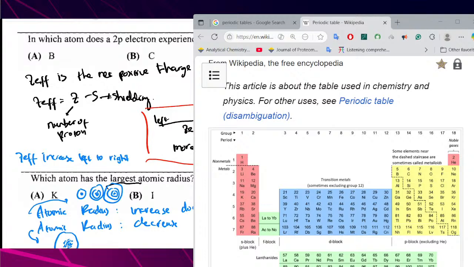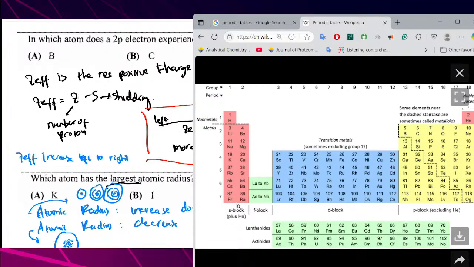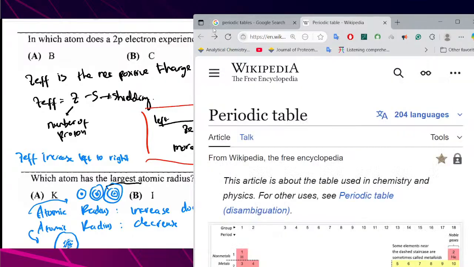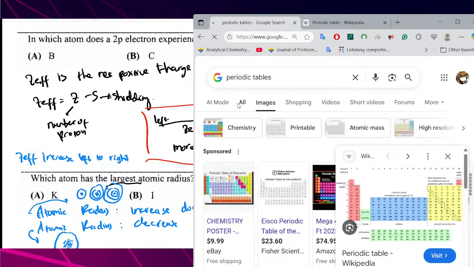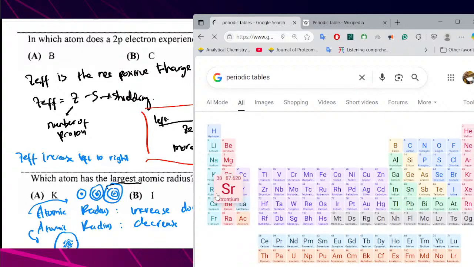Which one is the lowest down over here? It should be Rb. Based on this information, the answer is Rb, rubidium. If we are looking at this one, this is I, and then this is Sn.